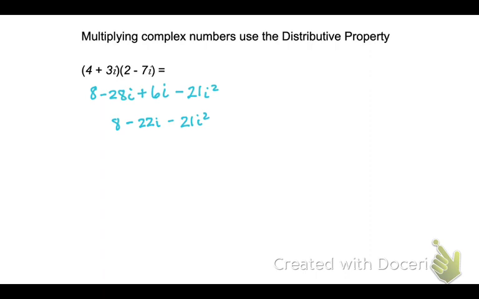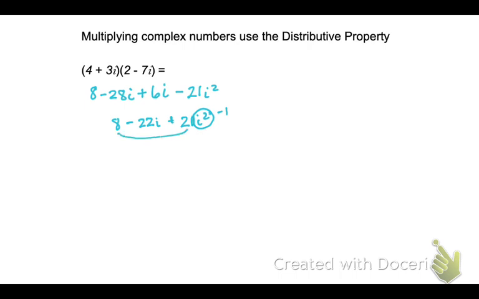Am I done with 8 minus 21 or 22i minus 21i squared? No. I have to change my i squared to negative 1 because I told you couldn't have any powers other than 1 in your answer, didn't I? Okay, so that makes it positive 21.